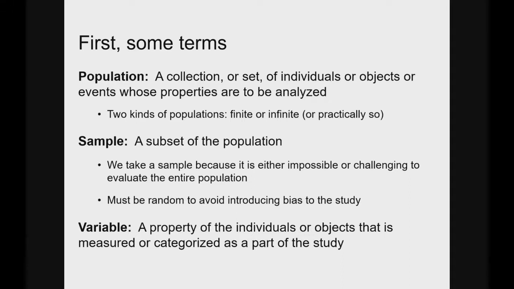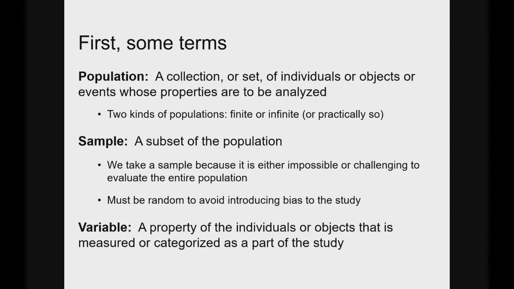It's going to be exceedingly challenging, if not downright impossible, to evaluate the entire population. So we take a sample, which is a subset of the population, and that's what we test. That's what gives us our data, and that forms the basis of our statistical test. So we analyze the sample to make inferences about the population.